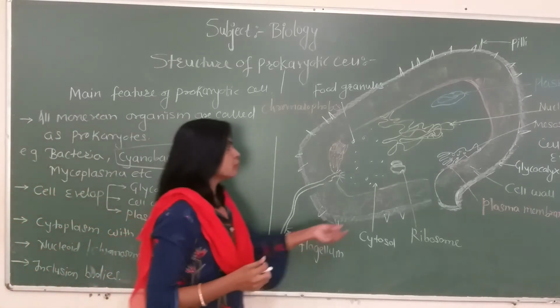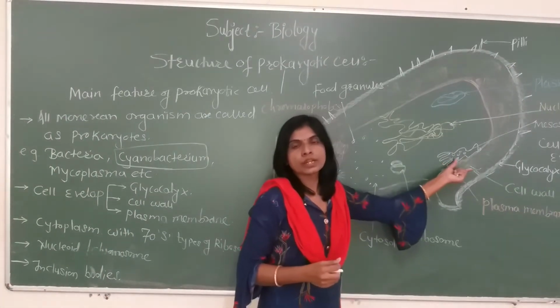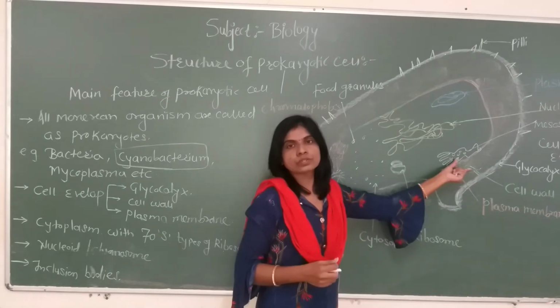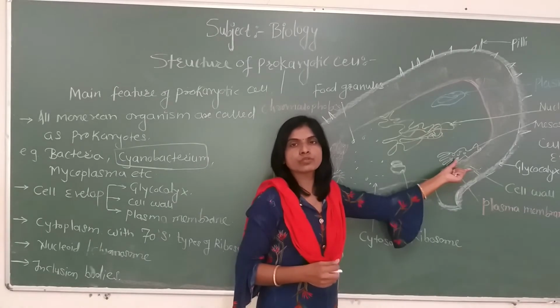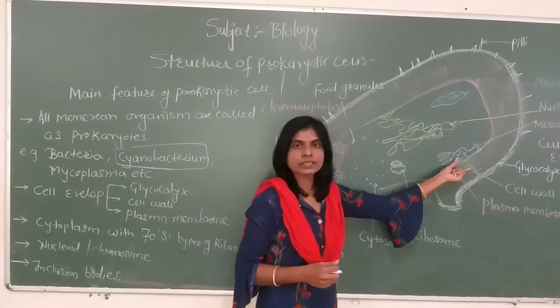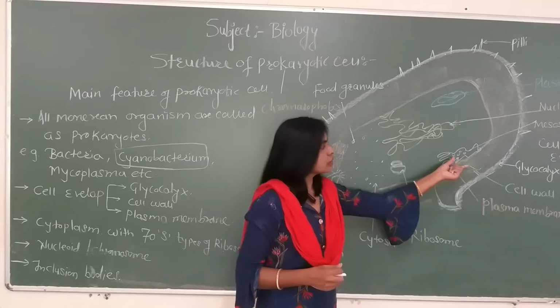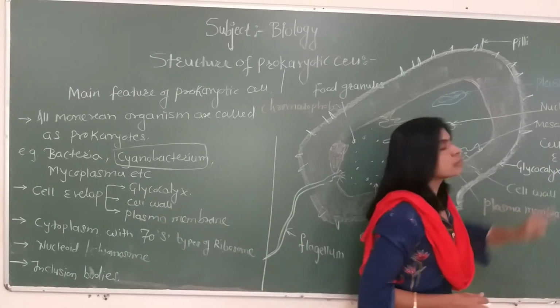But the other type of infolding is common in all prokaryotes. Those are equivalent to the mitochondria of the higher cell or eukaryotic cell. They have their own enzymes, oxidize the nutrient and obtain the energy. They are either lamellar or with cisternae, and they are called mesosomes.